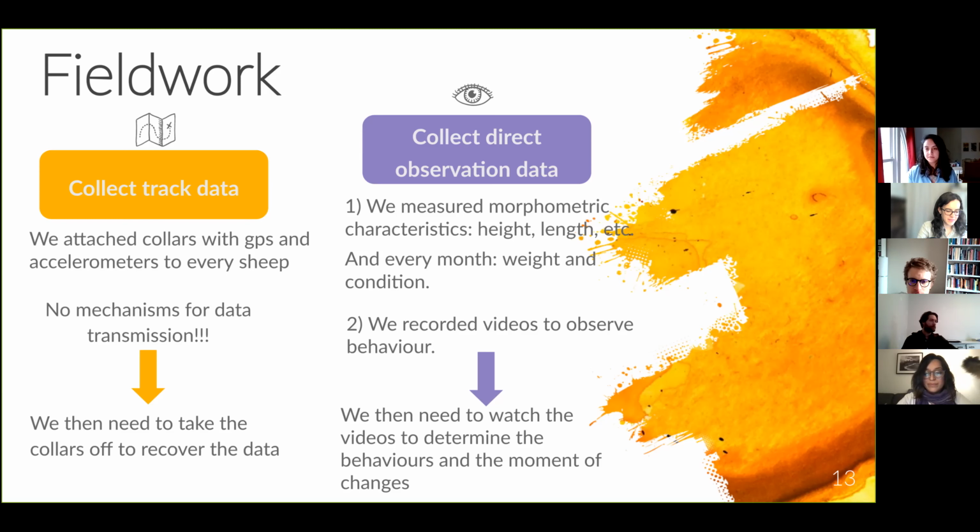Okay, then the other part was the collection of the observation data. We first measure some morphometric characteristics of every sheep, like length or height. And then every month we went to the field and we also measure weight and condition.